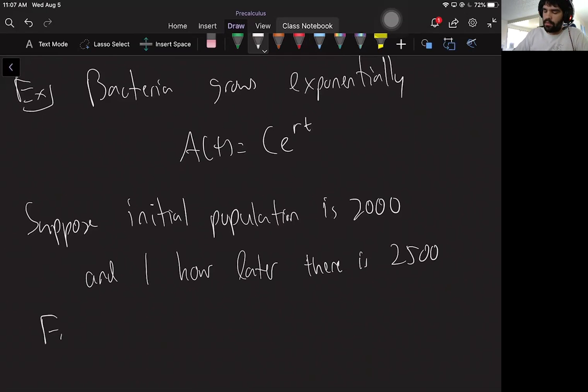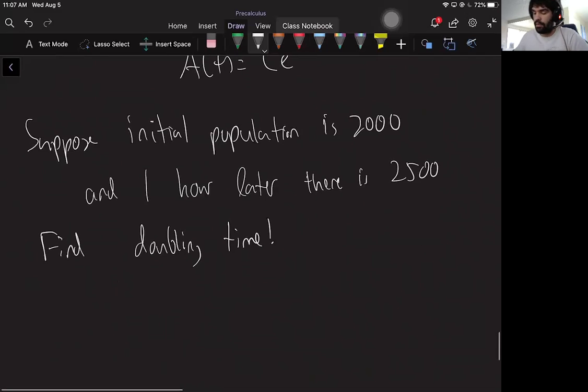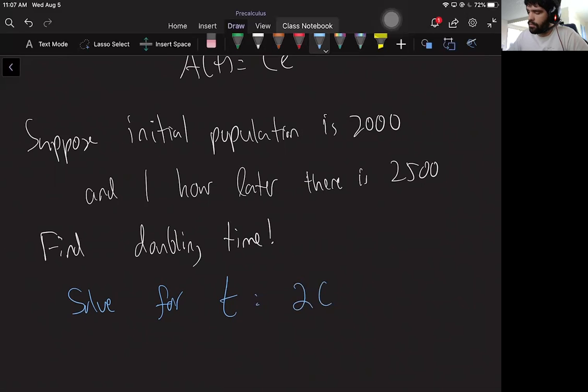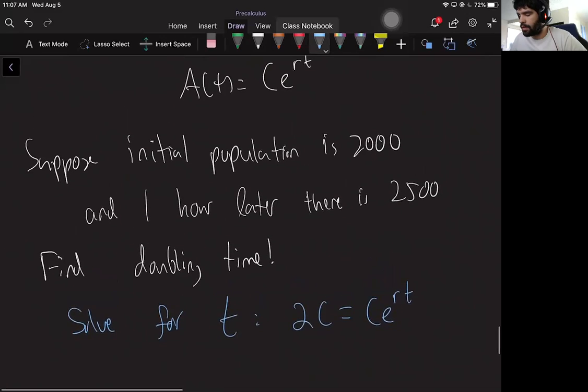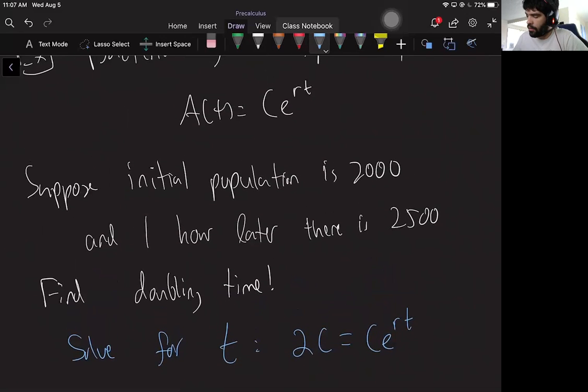So let's find the doubling time. Once again, because we are finding the doubling time, in the end we're going to be solving for t when the amount is 2 times c. But we don't yet have r, so we can't do that.